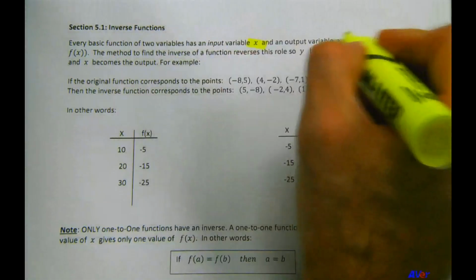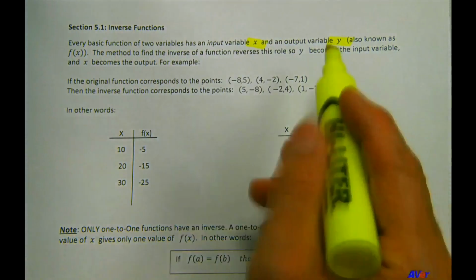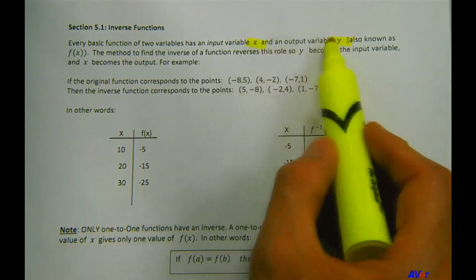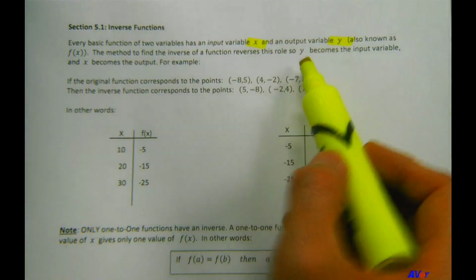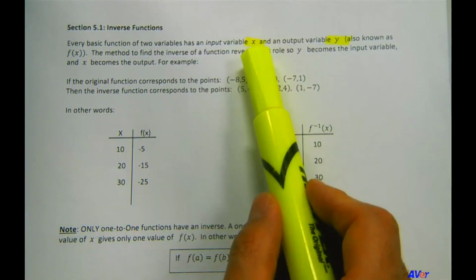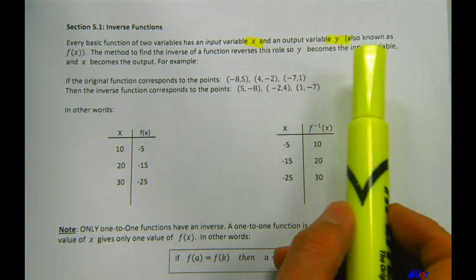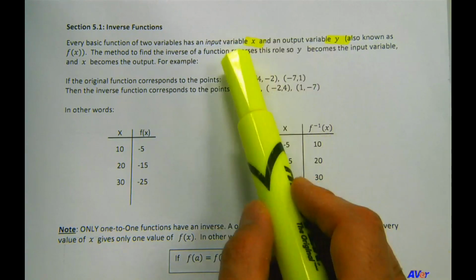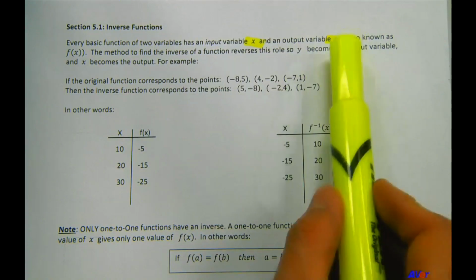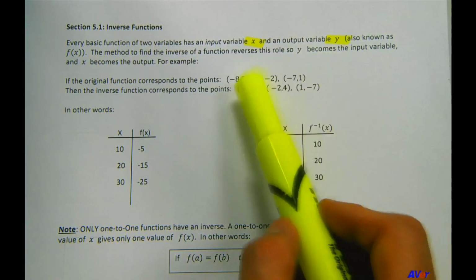In the inverse function, the roles of y and x are reversed. So whatever used to be the x value in the main function becomes the y value in the inverse function, and whatever used to be the y value in the original function becomes the x value.